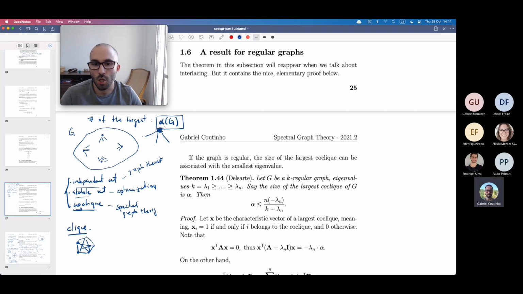And it's been shown that if there is a polynomial time algorithm to compute this thing, then P is equal to NP. So computing this parameter in polynomial time is most likely not possible, and computing this parameter is as hard as resolving any other problem in the class NP.